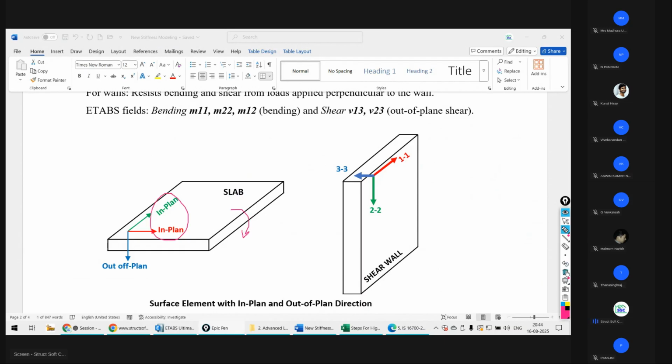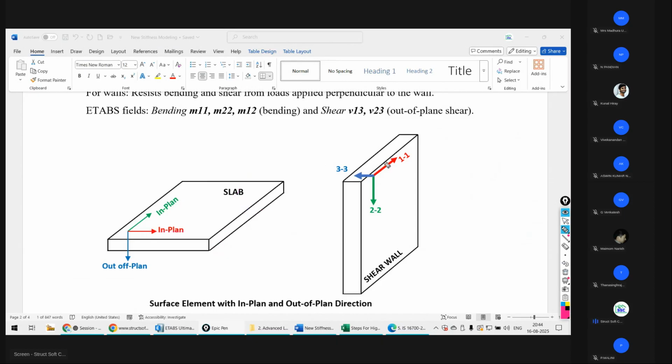Now the ETABS software is showing the stresses in this x direction as F11, direction 1. It is the F22 stress in plane. For the case of plane, in plane is F, this is the stress in plane, and this is the out of plane F12. F12 is the out of plane stress.